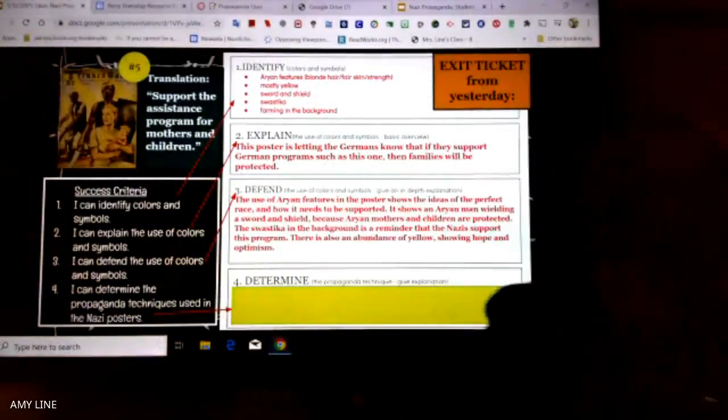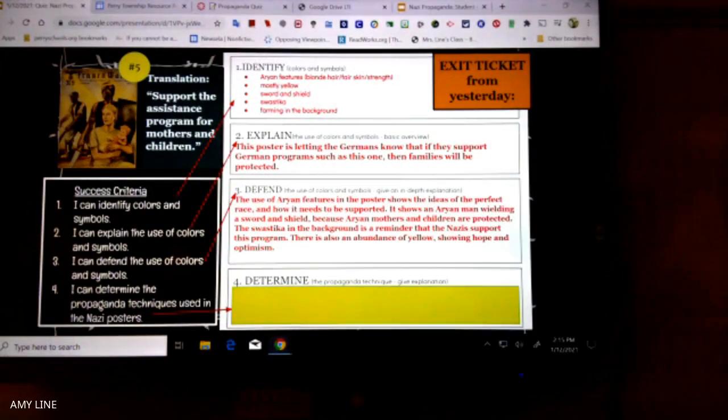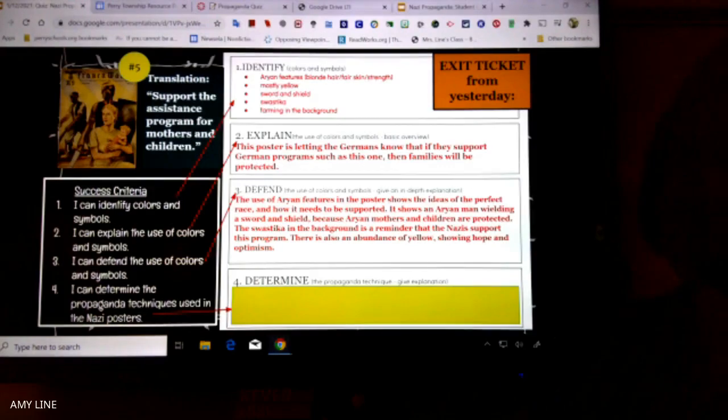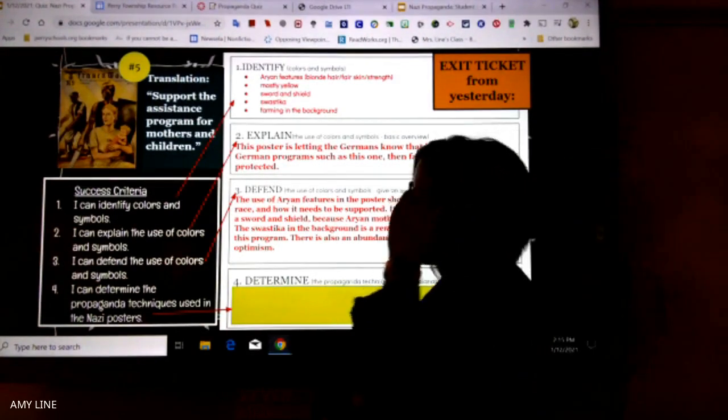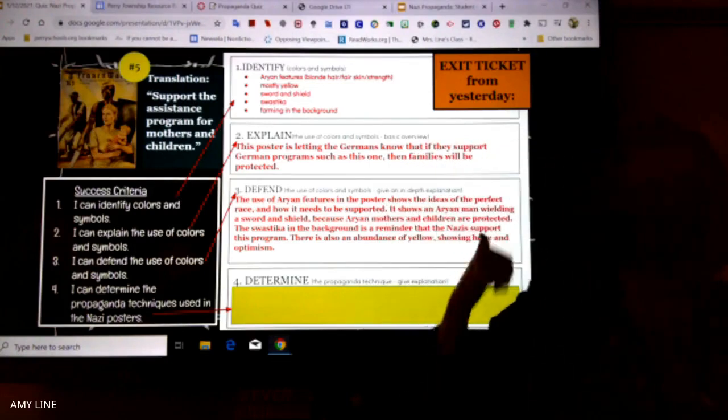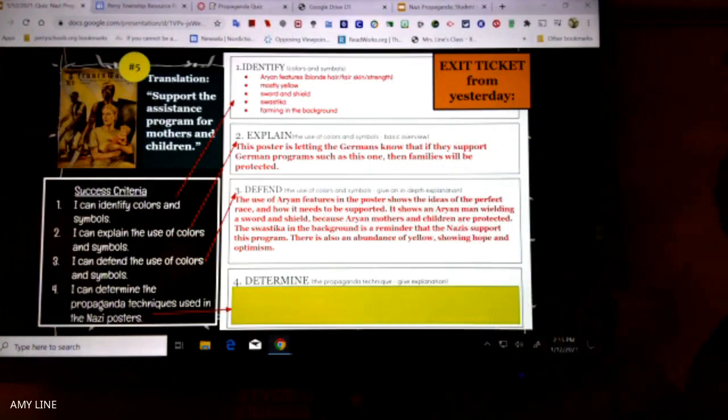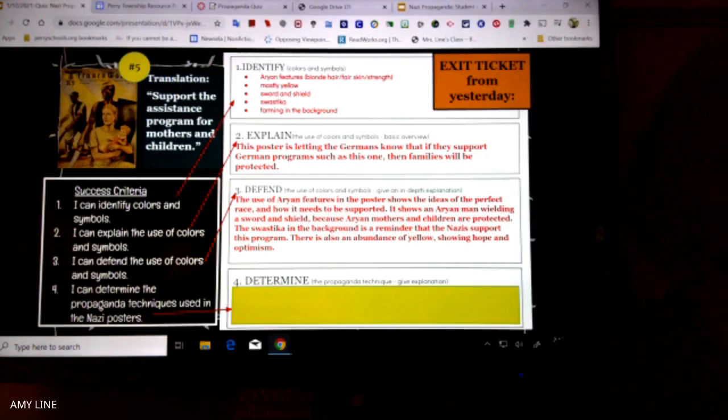All right, remember, the first thing we did was identify. You have to identify and make observations. So check yours. Kirsten, can you read on the board what I have down for identify? Features: blonde hair, fair skin, and a striped, mostly yellow, sword and shield.